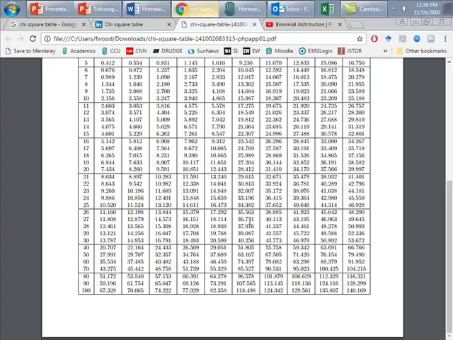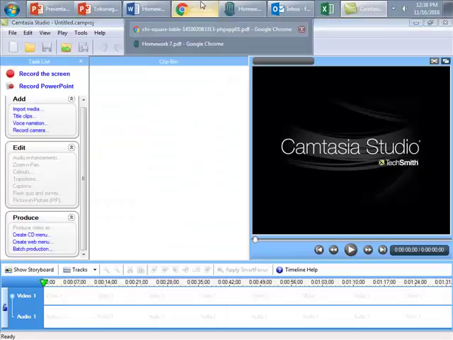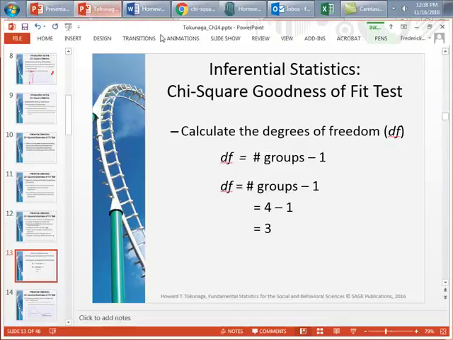So let's go back to our example from the book. Here we go. How many groups did we have? Well, we had 4 personality groups. We're calculating one statistic, the chi-square, so we're going to subtract one, and we're going to use a degree of freedom of 3.